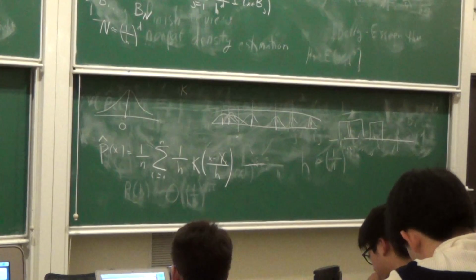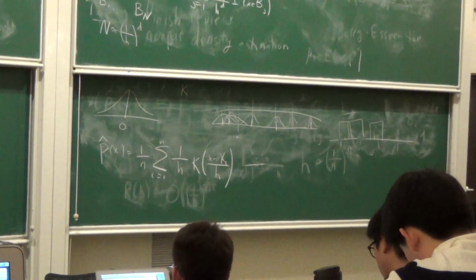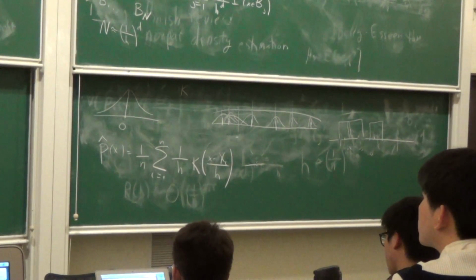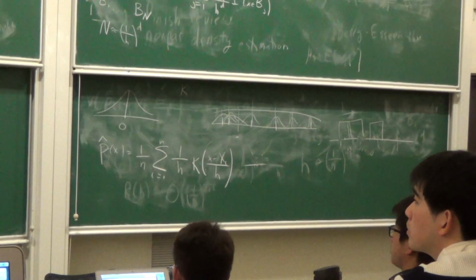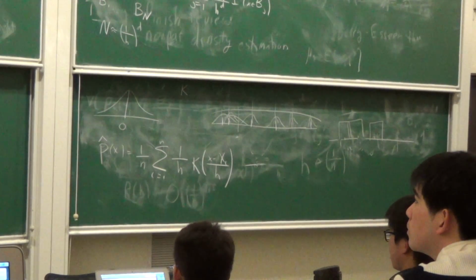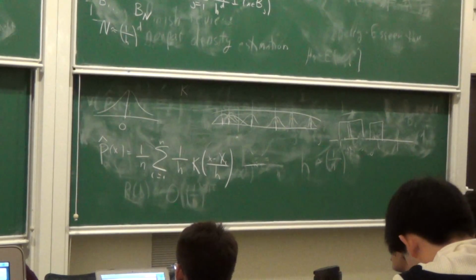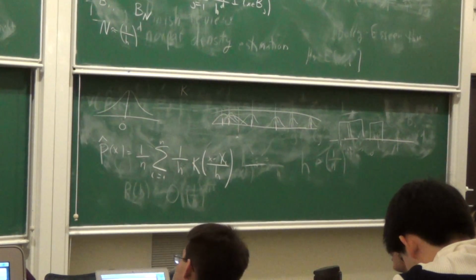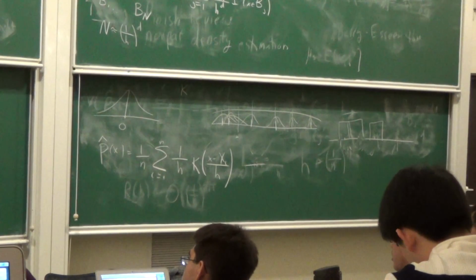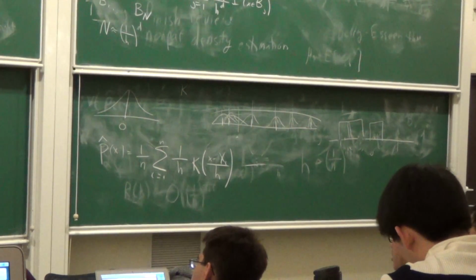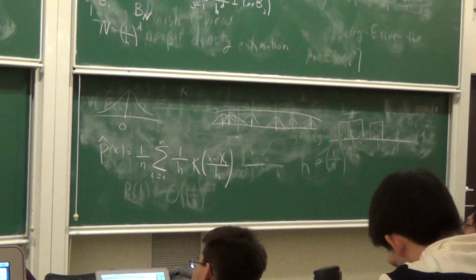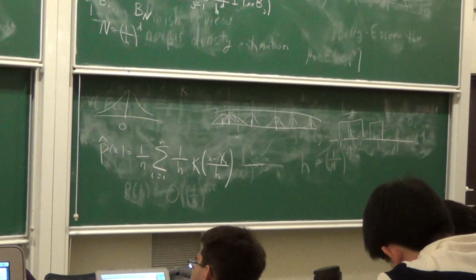In the multivariate case, in principle, you don't have to use a single bandwidth. You can use a matrix of bandwidths. So in general, you can have a bandwidth matrix. This would be a positive definite symmetric matrix. And the estimator would look something like this.